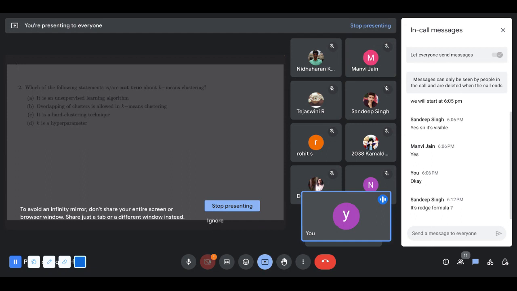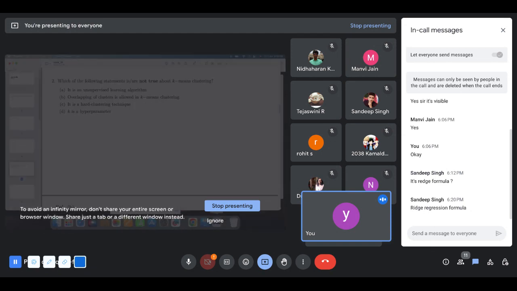So, which of the following is not true about K-means? Any answers?